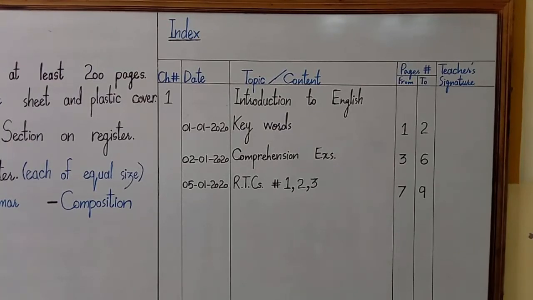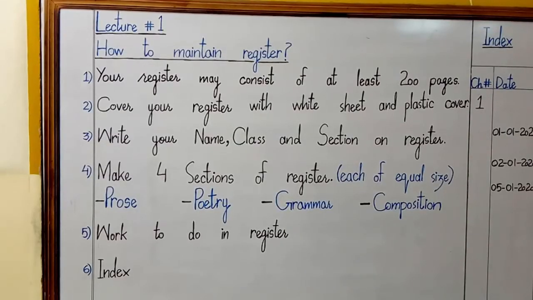So I hope that you have clearly understood how to maintain a register. And in that particular topic, I discussed around 6 points. First of all, I told you your register may consist of at least 200 pages. Then I told you about covering your register with white sheet and plastic cover.